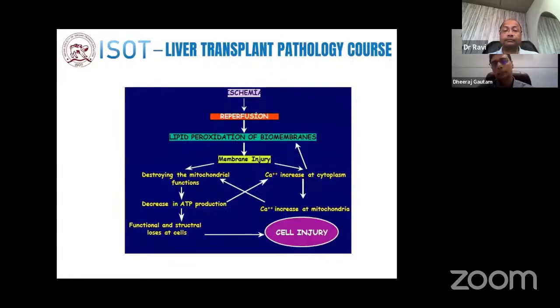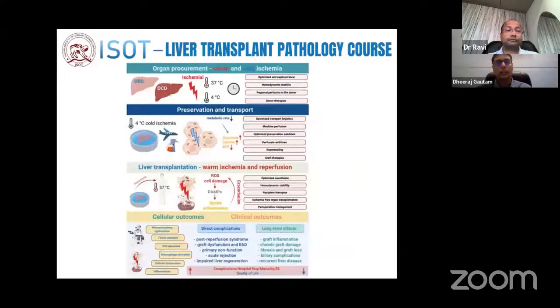So the last slide on pathogenesis: ischemia leads to reperfusion, which leads to lipid peroxidation of the biomembrane. There's a membrane injury, which leads to increased calcium in the cytoplasm and decreased ATP production, which leads to cell injury.